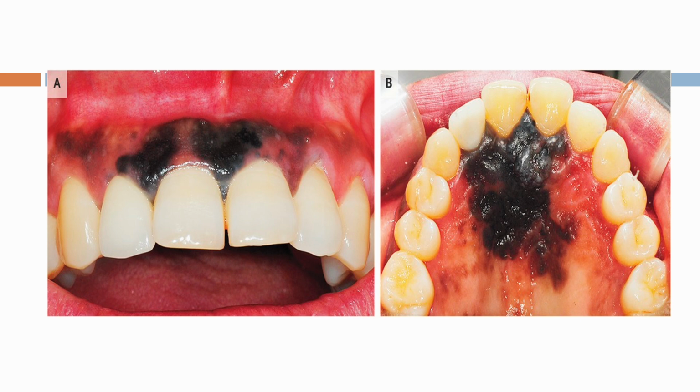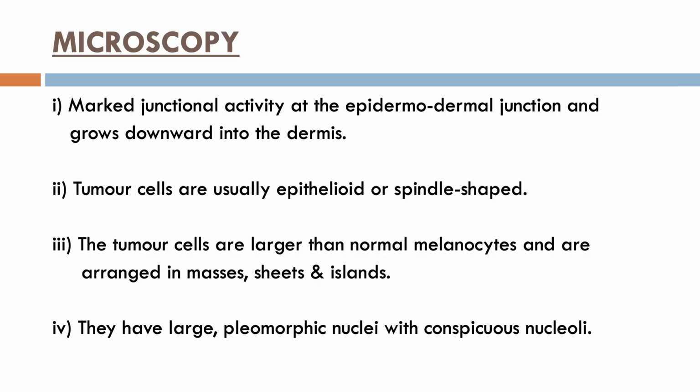This is another picture of malignant melanoma, gross appearance. Coming to microscopy, marked junctional activity can be seen at the epidermodermal junction and it grows downwards to the dermis.